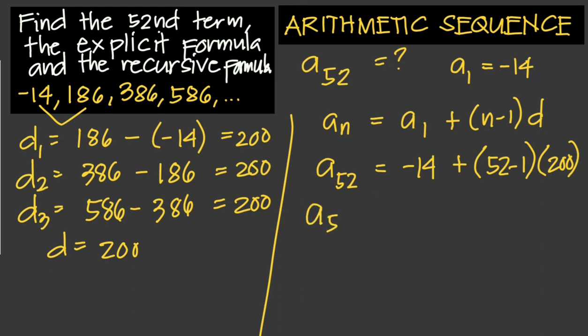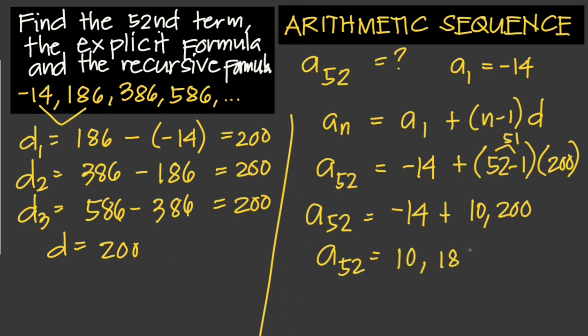Let's simplify that. Negative 14 plus 51 times 200. What is 51 times 200? That is 10,200 plus negative 14. So our 52nd term is equal to 10,186.